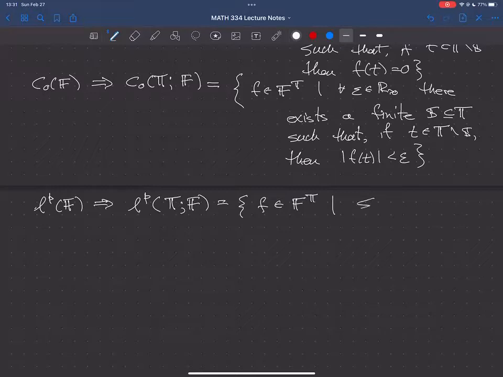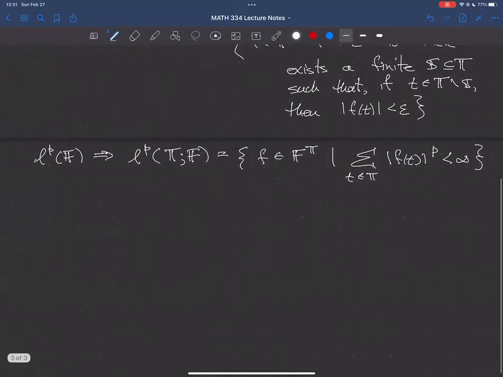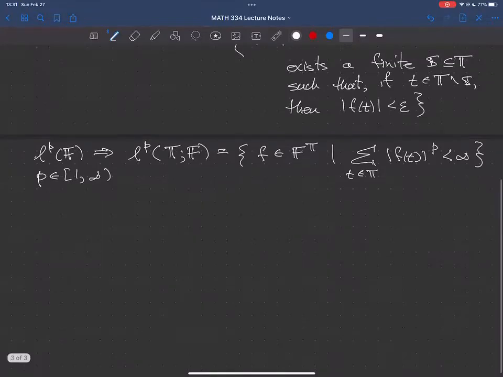So this means that the sum over t in T of |f(t)| to the p is less than infinity. And this is, of course, as always, for p going from 1 to infinity. But there is also the infinity case that you can talk about, and it's easy to do, so let's do it.